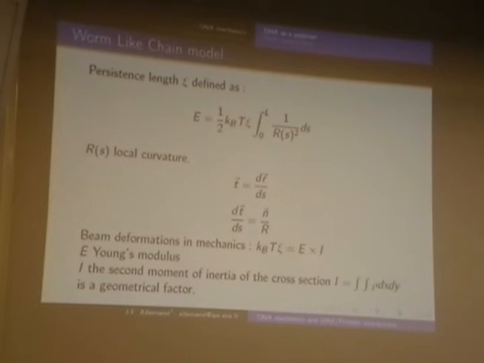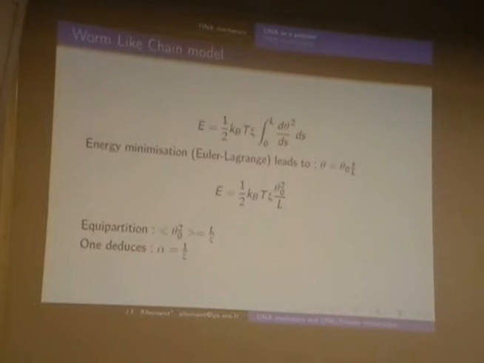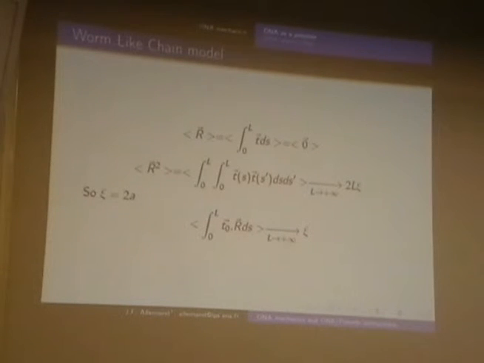And so there is a relation between how difficult it is to bend the material and how flexible will be the polymer. But where it is counterintuitive, and I think my time is almost finished, I'm going directly to this relation, and maybe I will come back to it next time. There is simply a factor of 2 between the step size in the random walk model and the persistence length.